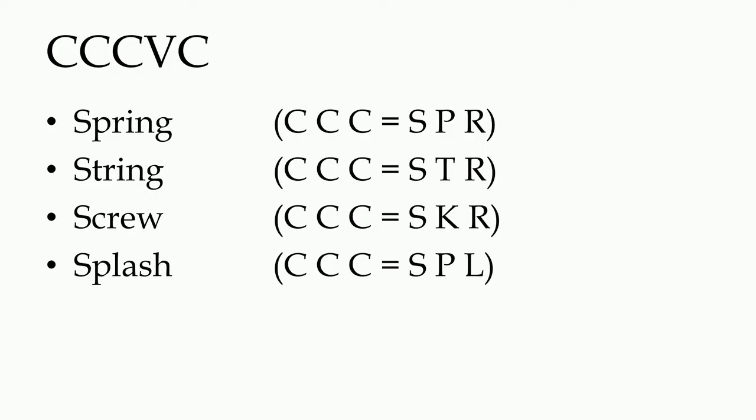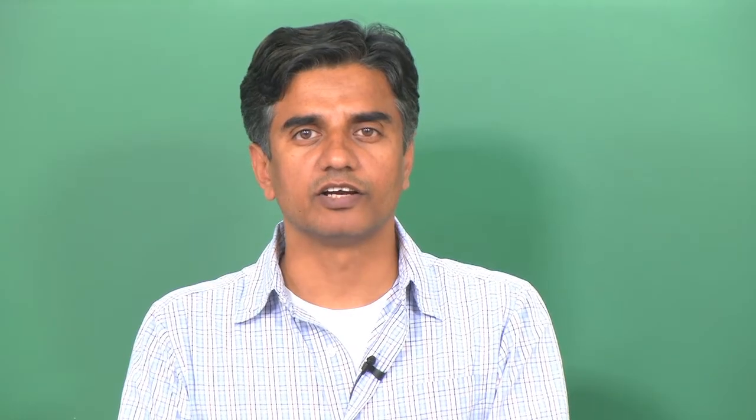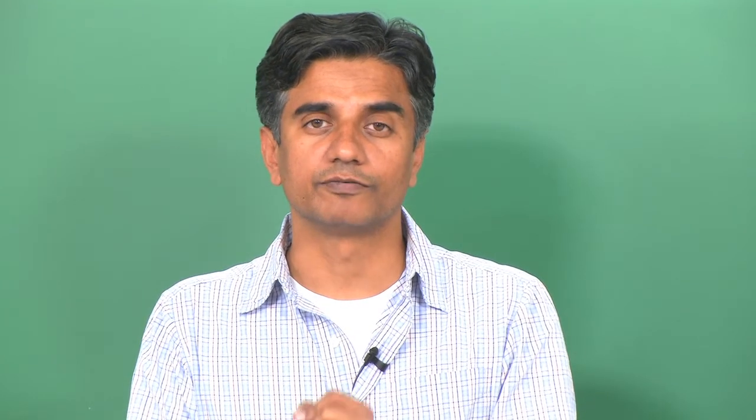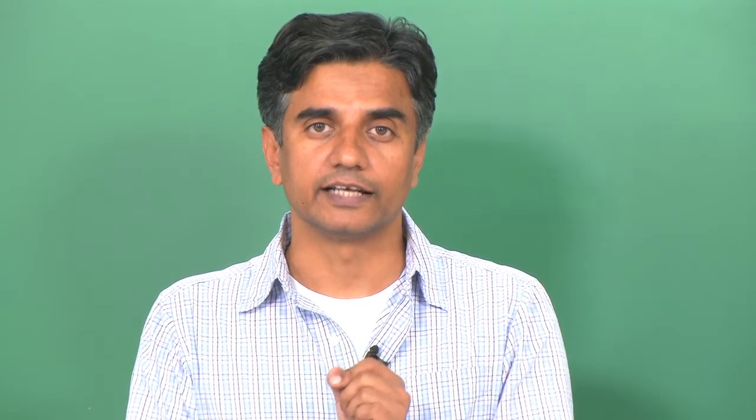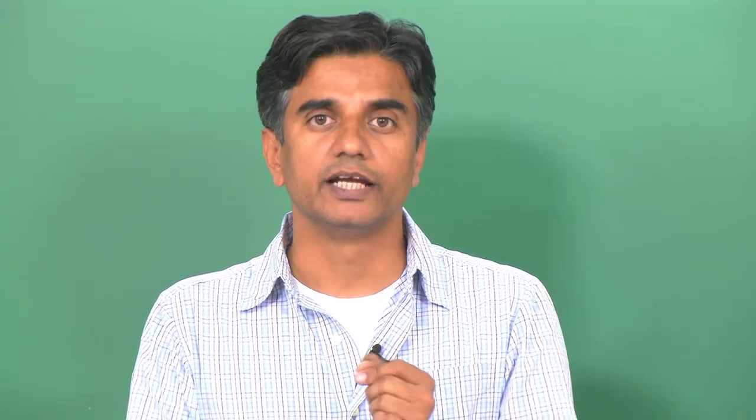What we find is that the first member of the cluster can only be sa, a dental or alveolar fricative. No other sound is possible as a member in the initial position of the cluster.